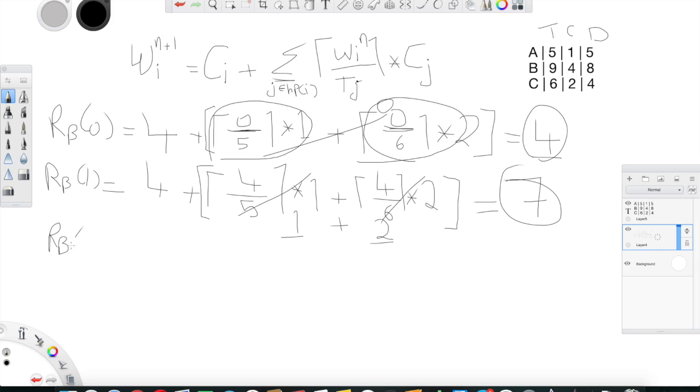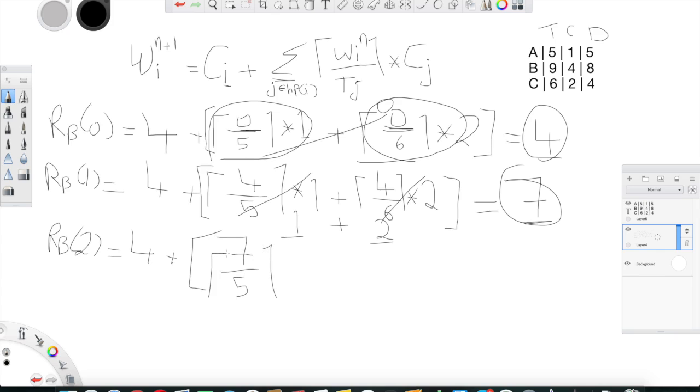Our R_B of 2 will be the computation time of i, which is the computation time of B, which is 4, plus we start the summation. The tasks that have a higher priority over task B, which are task A and task C. Okay, the previous iteration we had a response time of 7. So 7 divided by the period of task A, which is 5.